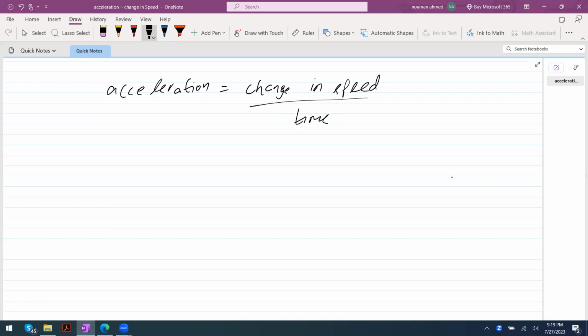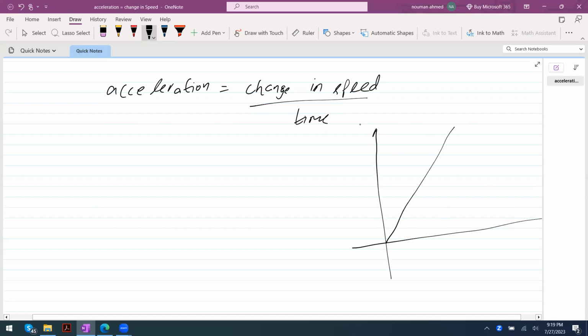So if you have a speed time graph, let's say you have speed here on the y-axis and time on the x-axis, this is the line. When you are finding the gradient, you are basically dividing rise over run, so basically speed with time.